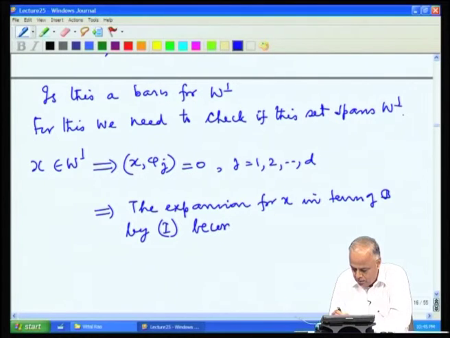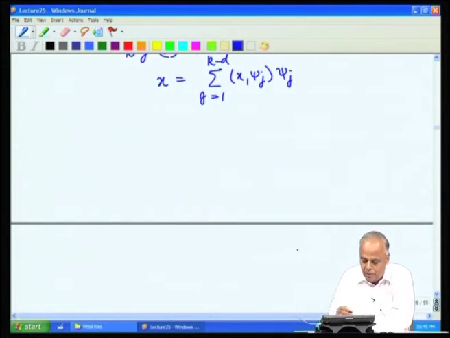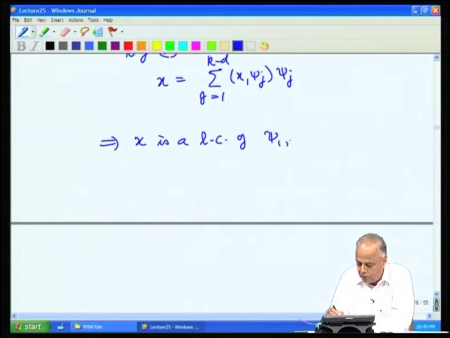So, by 1, this becomes x is equal to summation j equal to 1 to k minus d of x dot psi j times psi j, which means x is a linear combination of psi 1, psi 2, up to psi k minus d.